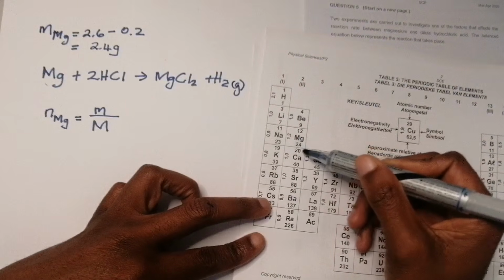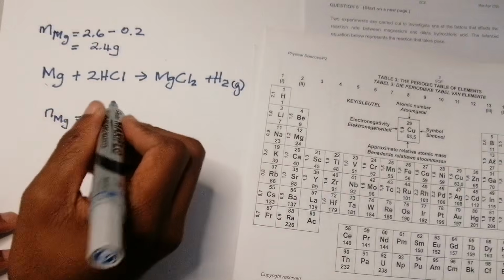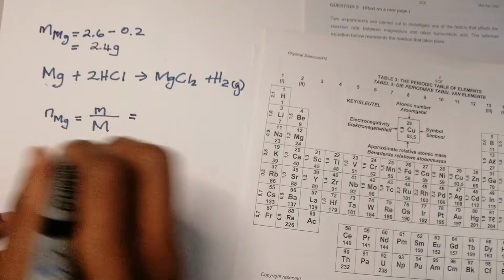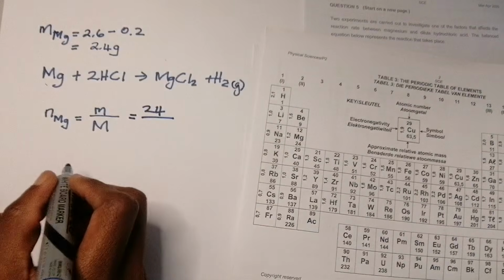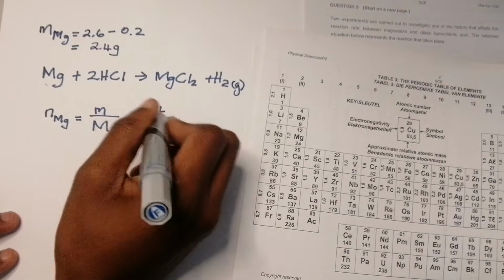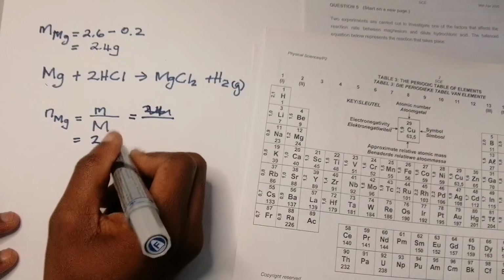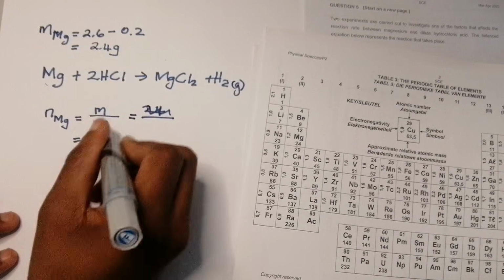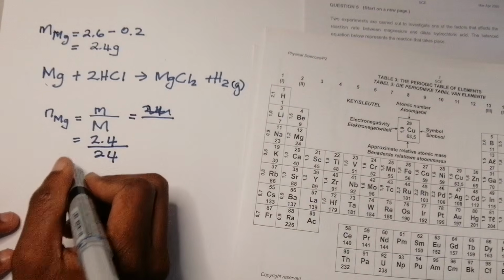What is the molar mass of magnesium? Can you see there? That's 24. So in this case, to get the number of moles, I'm going to say this is 2.4, sorry about that. So this is going to be 2,4 divided by, what is my molar mass? This is 24, right?